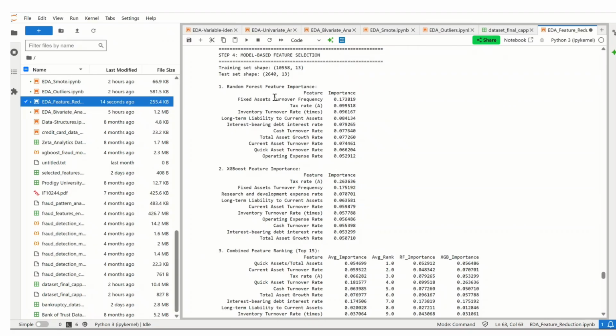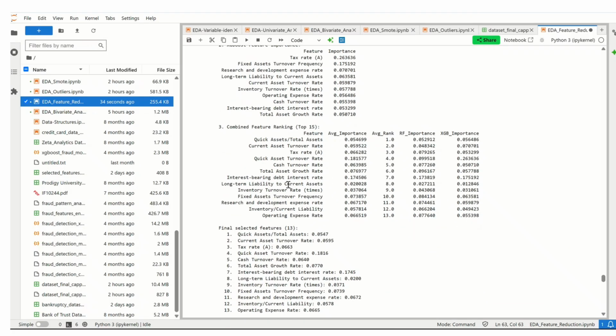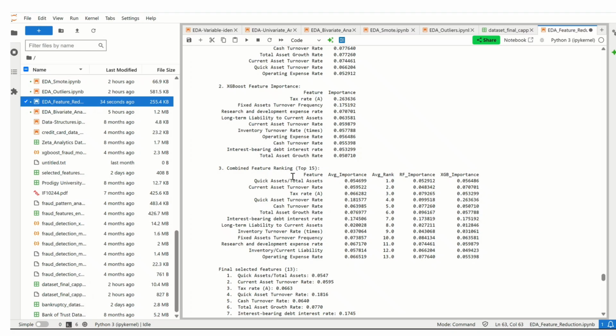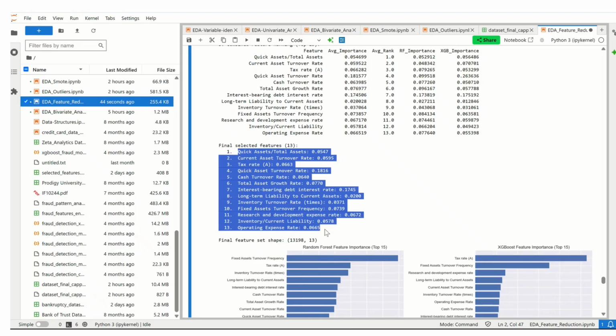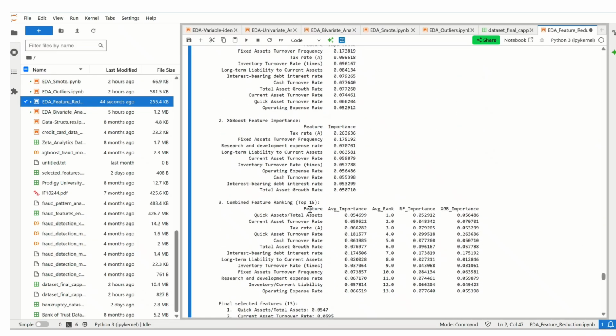These are the features which are important as per random forest, and XGBoost is giving this feature importance. More or less both of them agree on the same set of features, but the rank might be slightly different. Each will rank differently. So we take a combined feature ranking from the top 15. These are all the top features selected, the 13 features we selected, and their ranking.